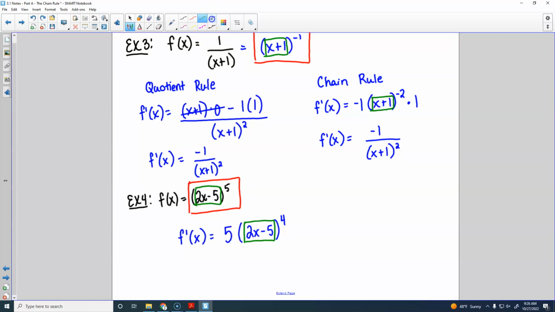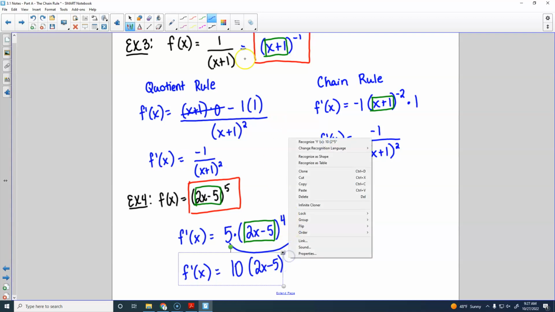But then this is a little different because you got to multiply by the derivative of the inside. What is the derivative of the inside here? 2. Right? And so all of this is multiplied together, so you could multiply that 5 and that 2 together to clean it up a little bit and get 10 times (2x minus 5) to the 4th.